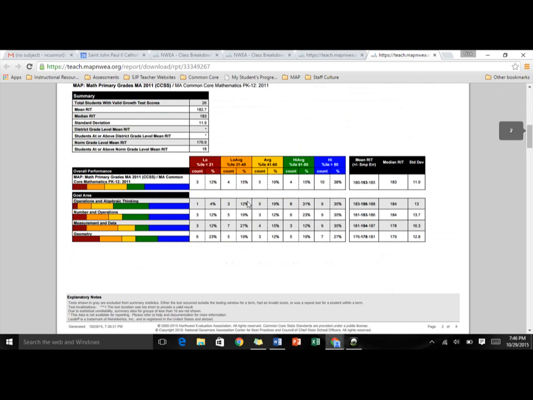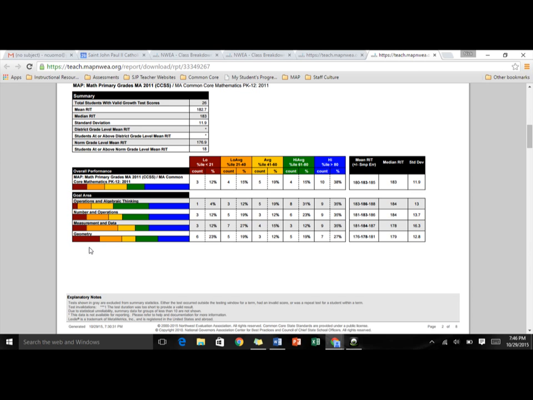If you're taking an even deeper dive, we can take this overall math score and break it into the goal areas: operations and algebraic thinking, numbers and operations, and so on.